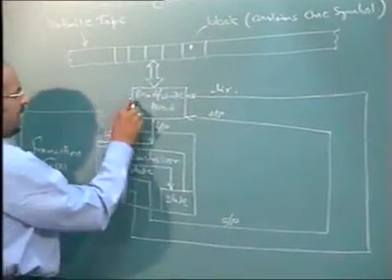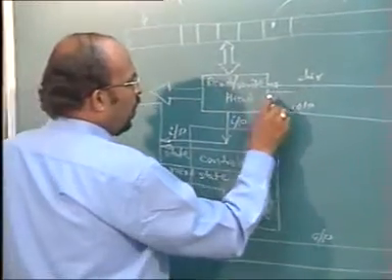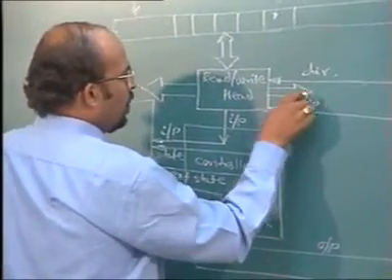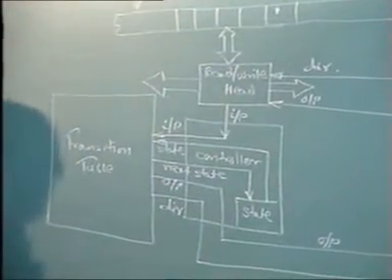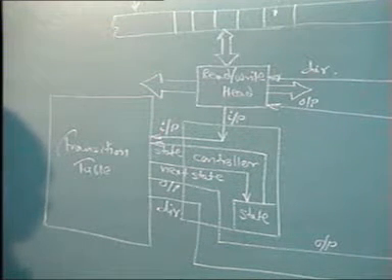So this read-write head is capable of moving towards left or towards right, one step at a time. And this will be the block diagram of the Turing machine.